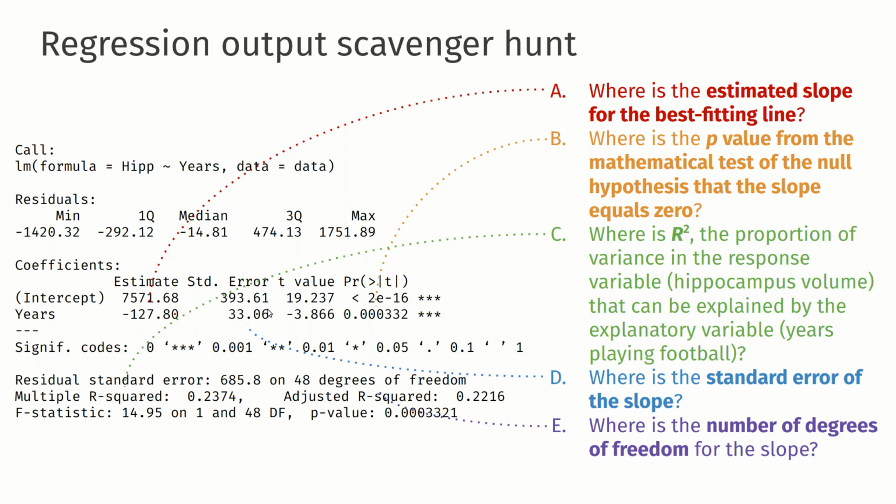All right, it's about 33. And as I mentioned, we would then also need the number of degrees of freedom for the slope. And that is right here, it's 48. So the formula for that is that the number of degrees of freedom for a slope is sample size minus 2. It's not sample size minus 1 anymore, it's sample size minus 2. So we have 48 degrees of freedom because our sample had 50 people in it total.